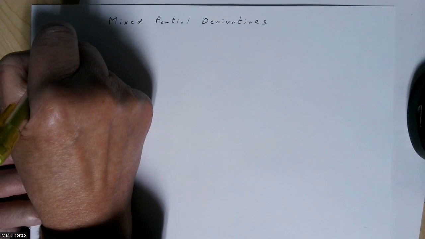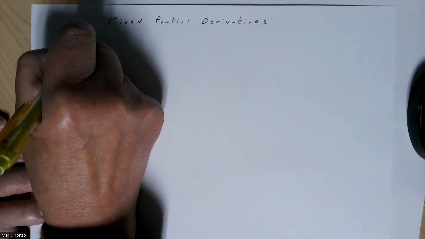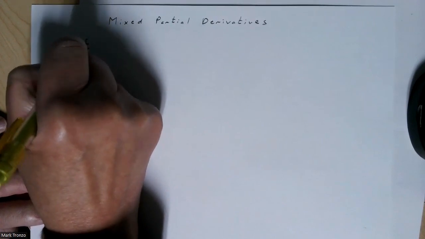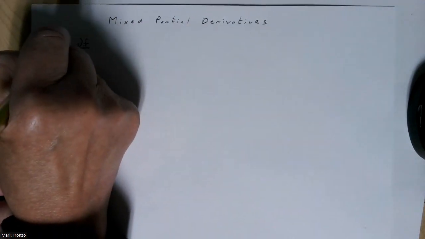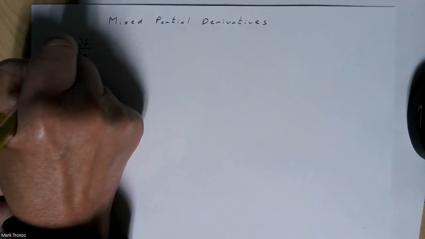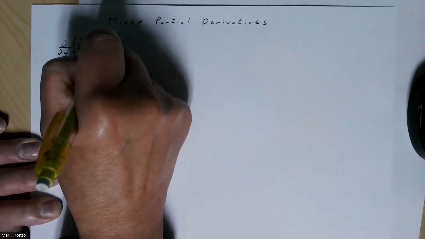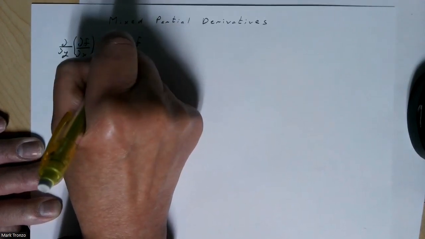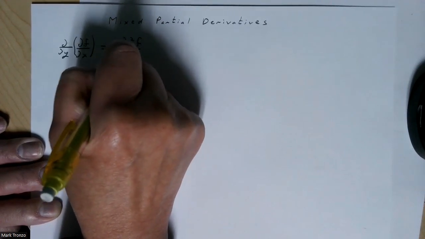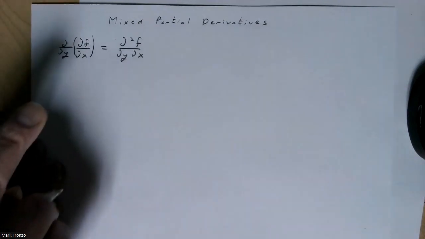And so let's say we take the derivative with respect to x first, and then we take the derivative of that with respect to y, it would look something like this, or the way it's usually written would be like this. Now, again, we have to be careful of our notation.